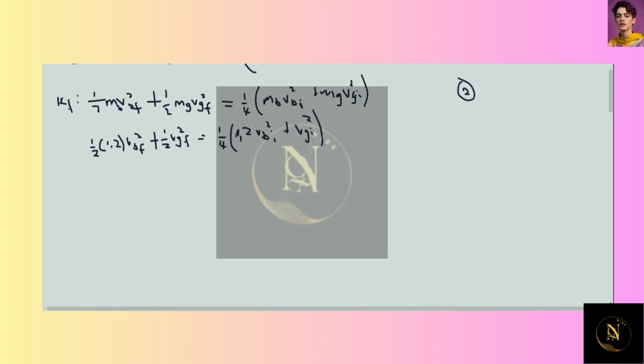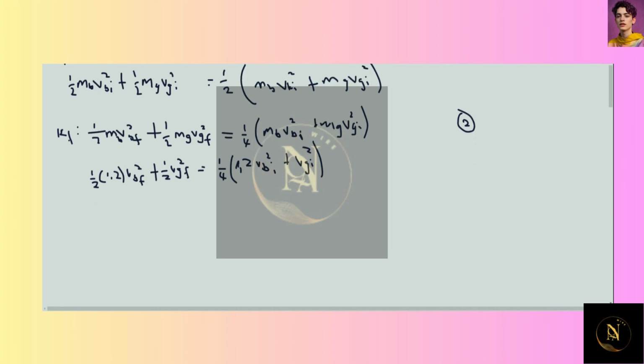So there's a vGf here that's squared. So I'm going to put all of this in here and square it. And then let's see what it comes down to.